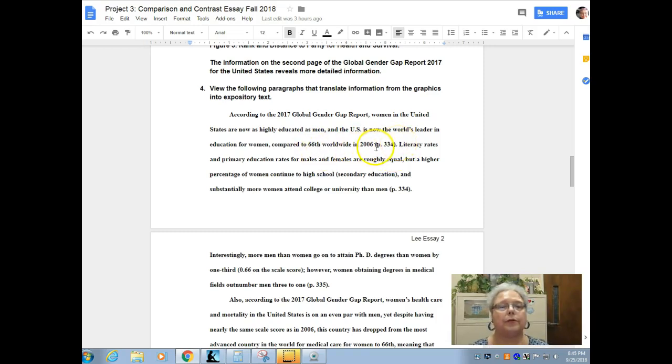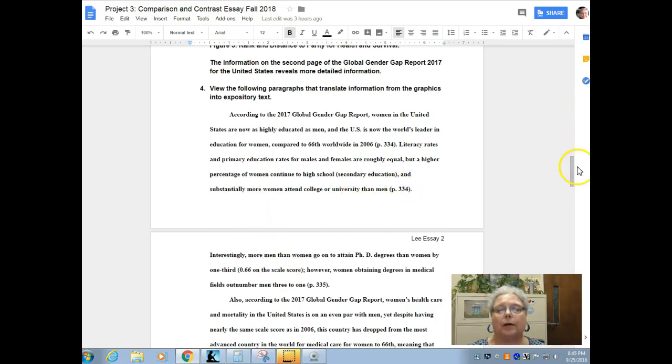So you use the in-text citation just like you did for the information you brought in from the articles that you read. Literacy rates and primary education rates for males and females are roughly equal, but a higher percentage of women continue to high school, secondary education, and substantially more women attend college or university than men.